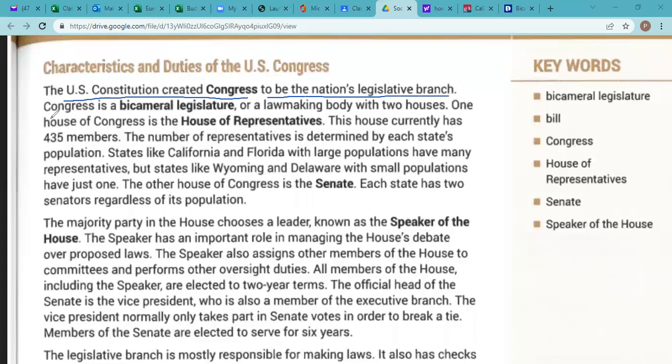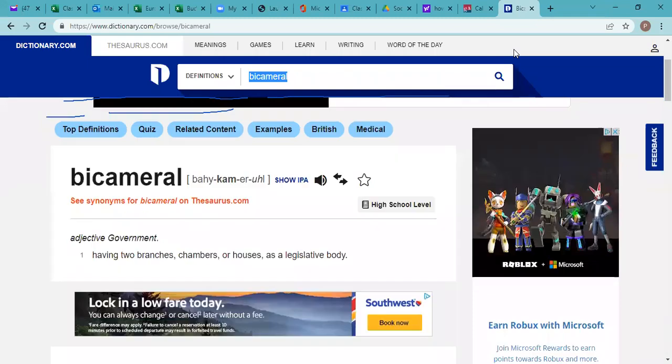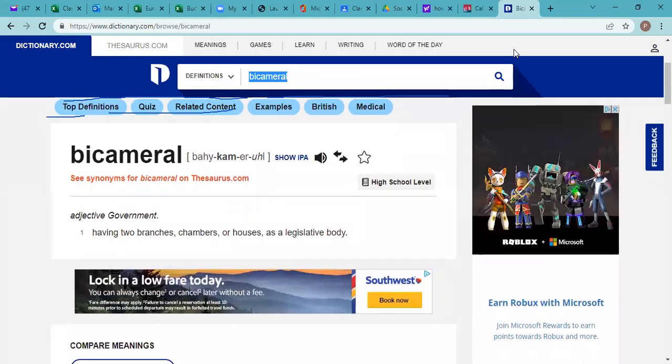Now, this Congress is broken down into 2 houses. It's called the bicameral legislature. And what that means is, bicameral means having 2 branches, chambers, or houses as a legislative body.